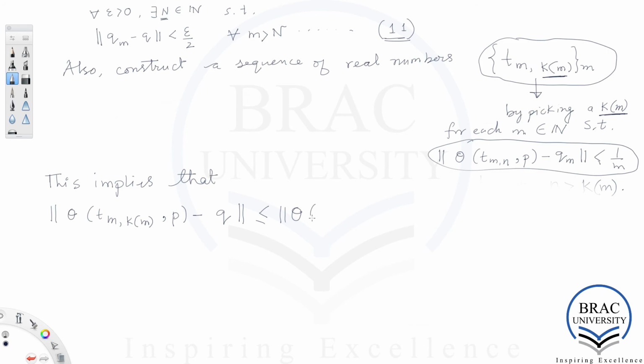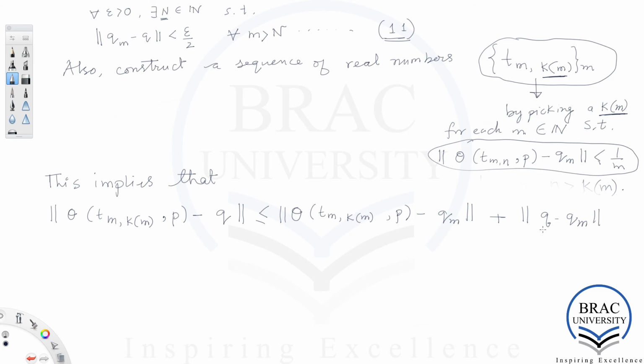One is the norm of theta(t_m, k_m, p) minus q_m, and the other contribution is the norm of q minus q_m.